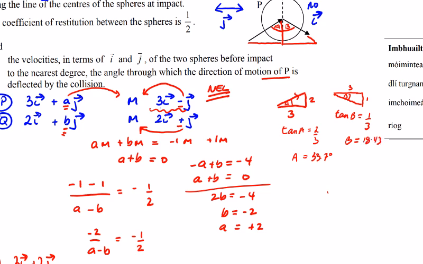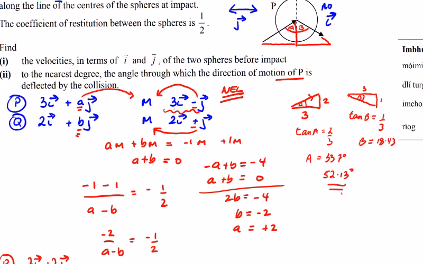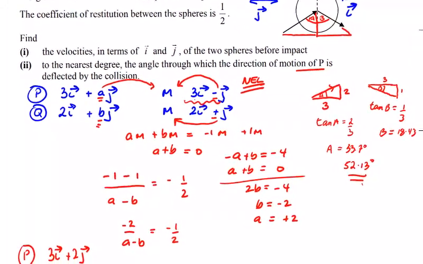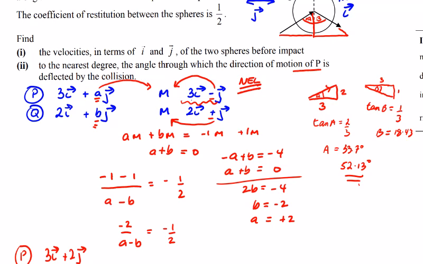We add these two together, we're going to get 52.13 degrees for the angle through which the direction is deflected. We are asked to the nearest degree, so 52 degrees.